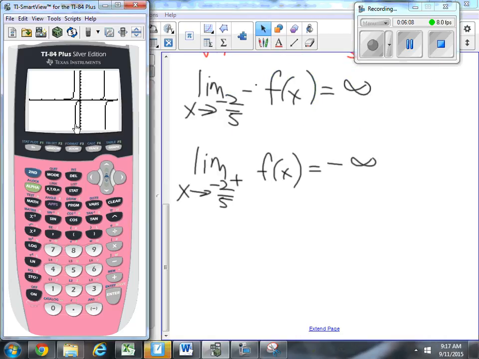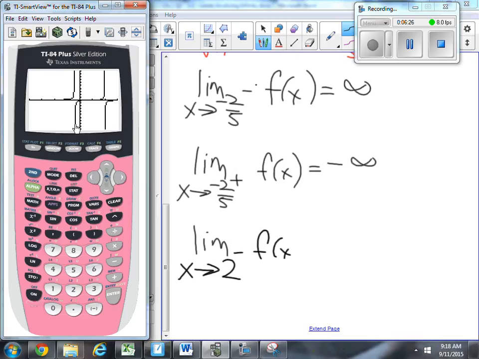Now my other asymptote. My limit as x is approaching 2 from the negative side of f of x is equal to positive infinity.